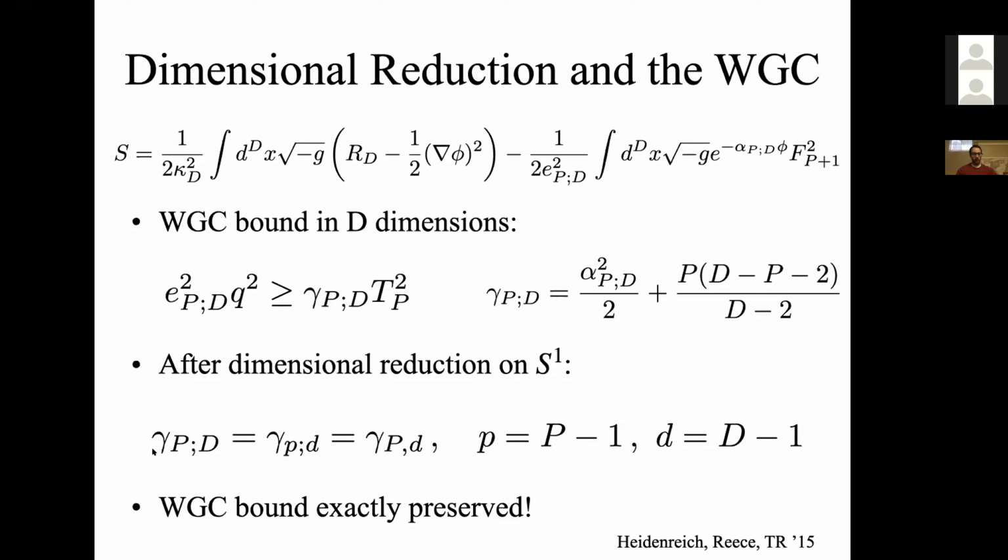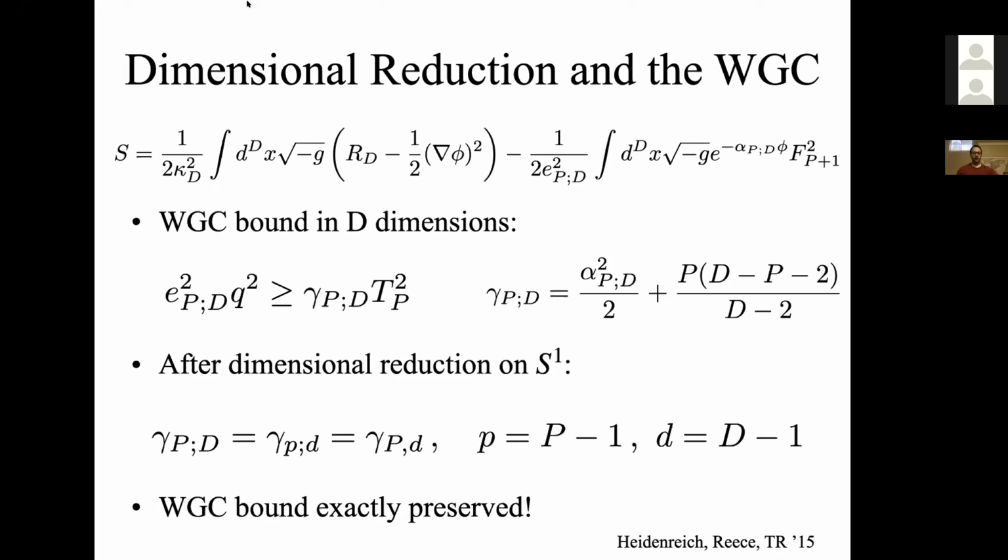And in either case, gamma is exactly preserved, which means that the weak gravity conjecture is exactly preserved under dimensional reduction. In other words, the parent theory will satisfy the weak gravity conjecture if and only if the resulting theory after dimensional reduction satisfies it.